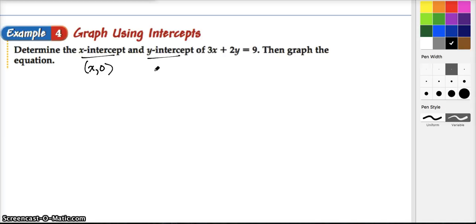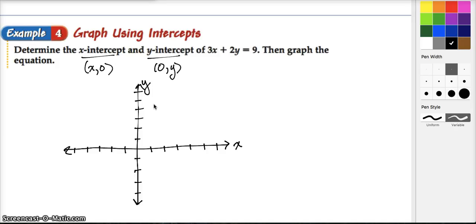The y-intercept is 0 comma some y value. And to graph a line, all you need is 2 points. So if you can find the two intercepts for your line, you can graph that line. Let's see how we'll do that.